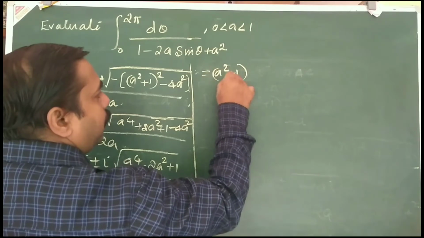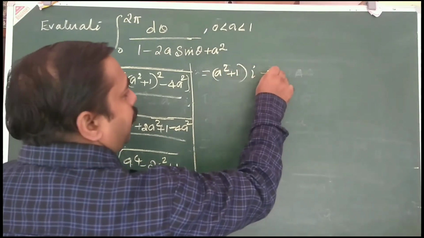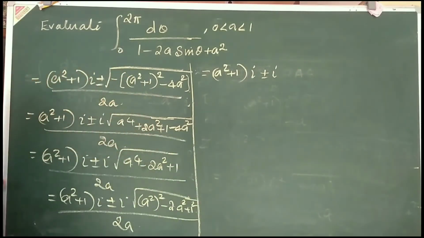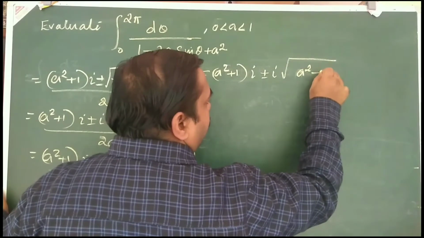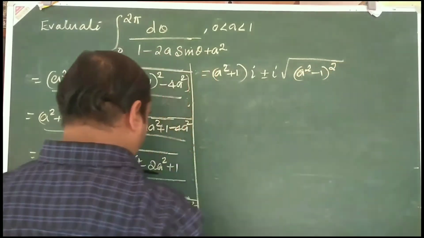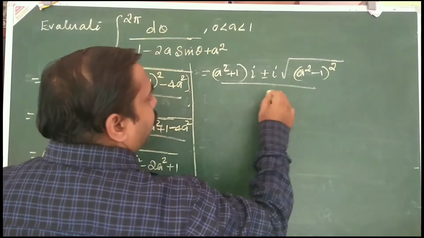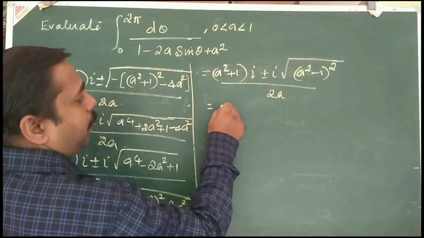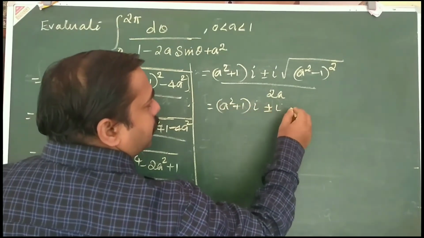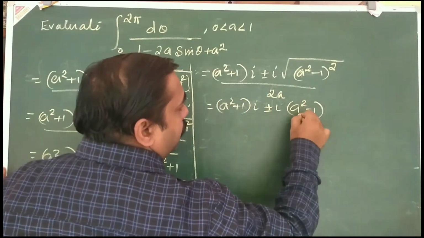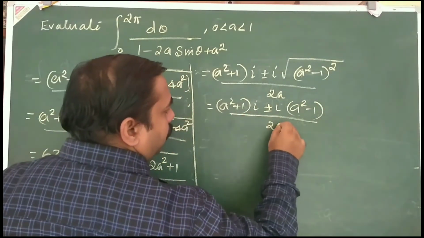(a² + 1)i ± i into √((a² − 1)²) divided by 2a. So the root and square cancel: (a² + 1)i ± i(a² − 1) divided by 2.